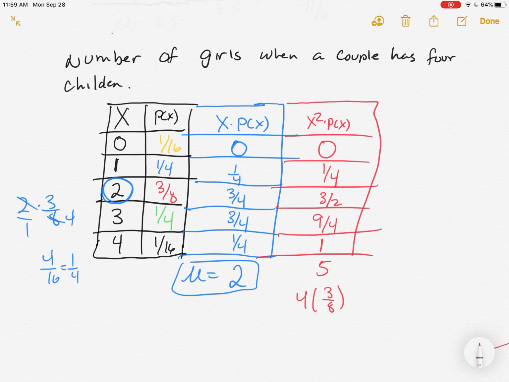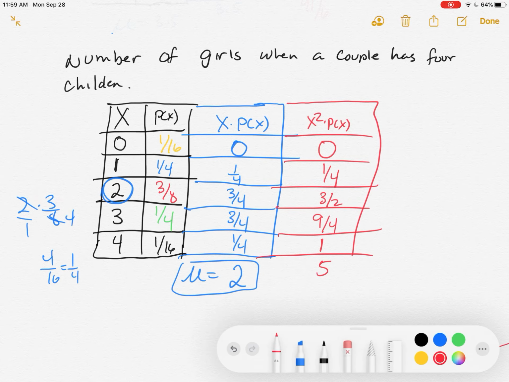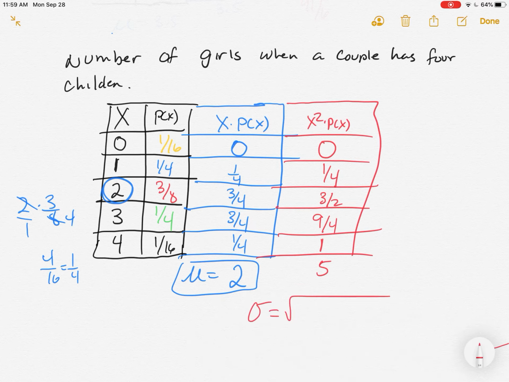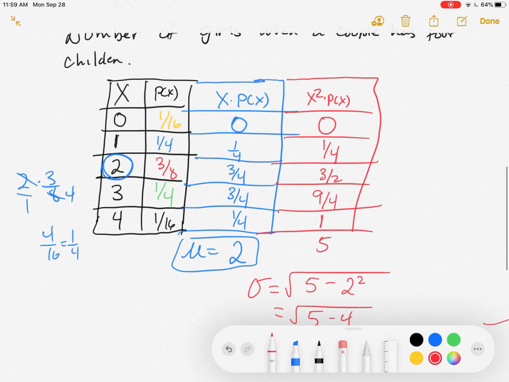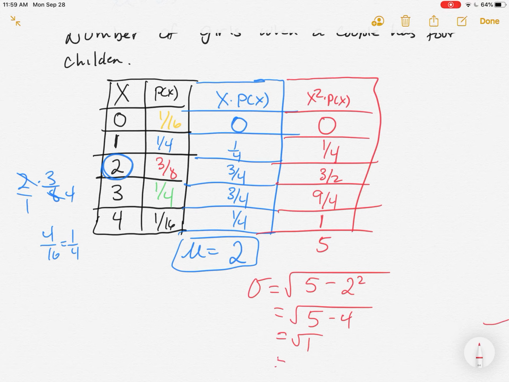So you don't even need to see what they are individually. So we're almost done. Standard deviation, no problem. Square root of 5 minus the mean squared. This one we don't have to see on a calculator. 5 minus 4, square root of 1. And the standard deviation then is just plain old 1.